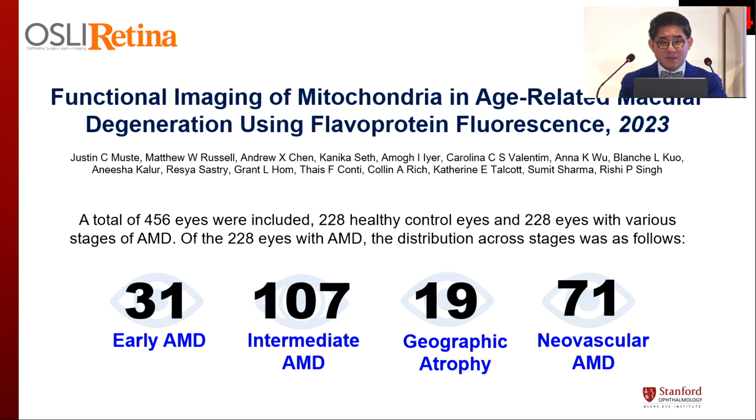This is a recent study that looked at over 450 eyes with different stages of macular degeneration, from early to intermediate to geographic atrophy to neovascular AMD, compared with healthy controls. The study looked at the appearance on FPF for neovascular AMD, GA, and other stages.